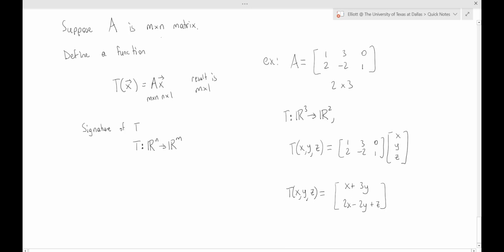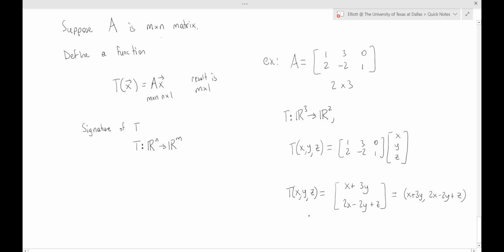So then this would be a more explicit formula for our function. Of course, some people might write it as a comma separated list instead. So remember I talked about how these are the same thing. At this point, it's probably going to be more useful to think of vectors as columns in this class. So it'll be good to get used to this.